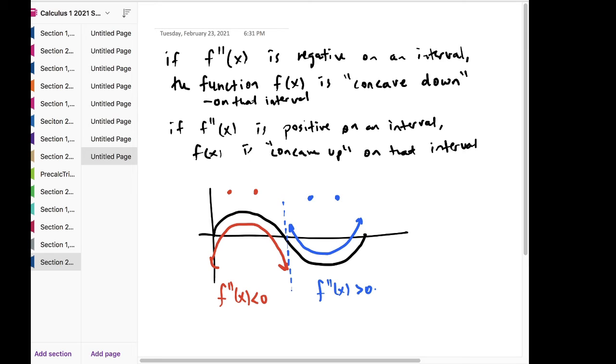So this turning point is where the second derivative is equal to 0. Questions? Again, if you're uncomfortable with concavity, it's okay to go through the derivative and then to the second derivative.